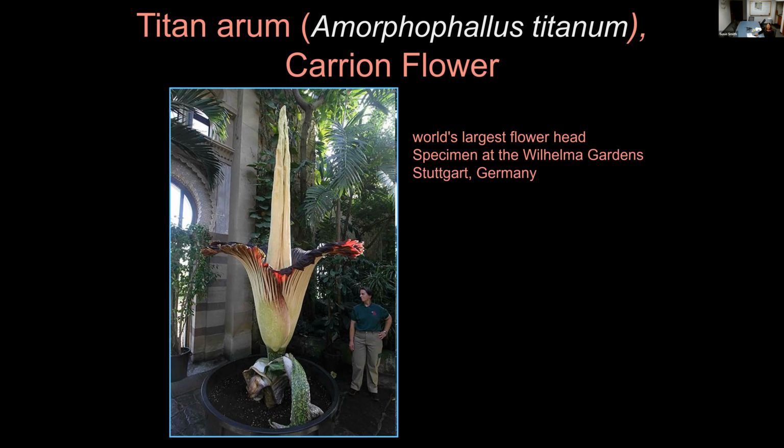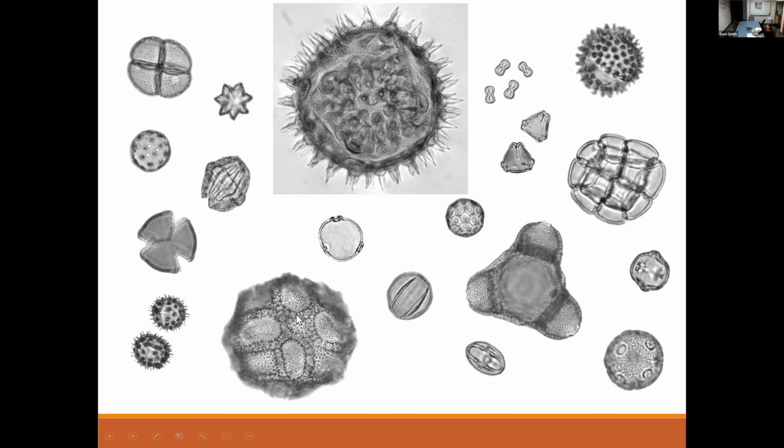The next slide is of different types of pollen grains, mostly from insect pollinated plants. And this is just to show that these pollen grains are coming in a great variety of sizes and shapes.